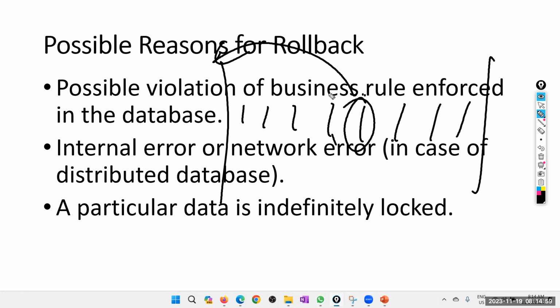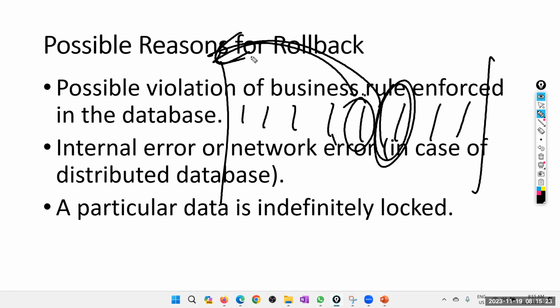There can be some internal error that occurs. Right? Some sort of internal error. It cannot read the file, the database file or something. So then, of course, the DBMS is still running, but this particular operation cannot be done. So then again, it has to roll back because the database cannot proceed.